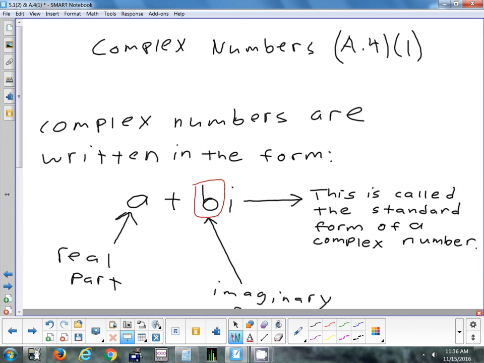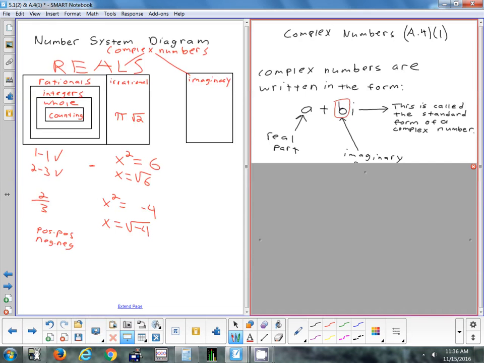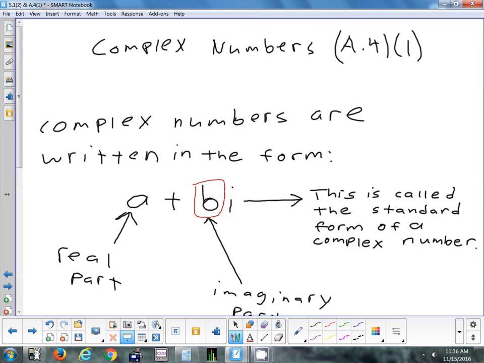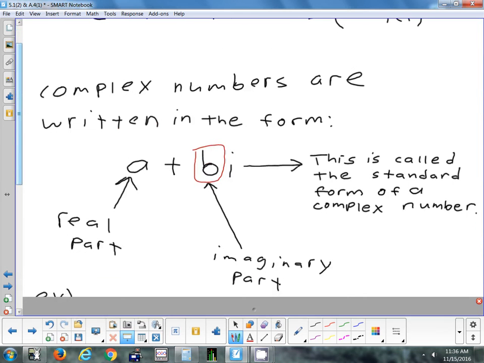Complex numbers have two parts, just like you saw in the number diagram. They have a real part, which we put on the left, and an imaginary part, which you put on the right. If you write it exactly like I've shown you right here, that's called standard form.